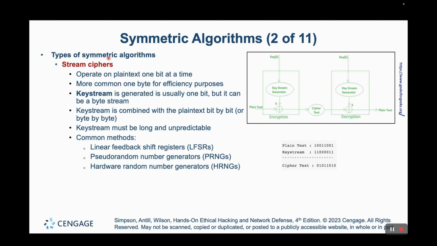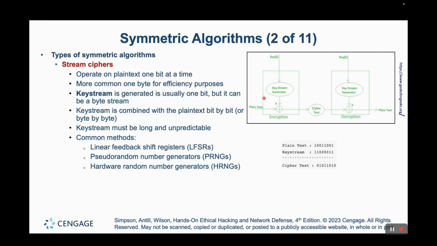Now, let's look at different types of symmetric algorithms. The first one is the stream cipher, and of course we have the block cipher. Now the stream cipher operates on plain text 1 bit at a time, but more commonly 1 byte for efficiency purposes.